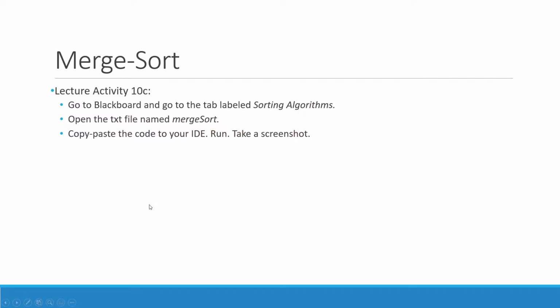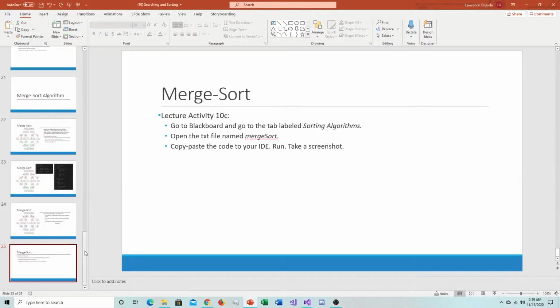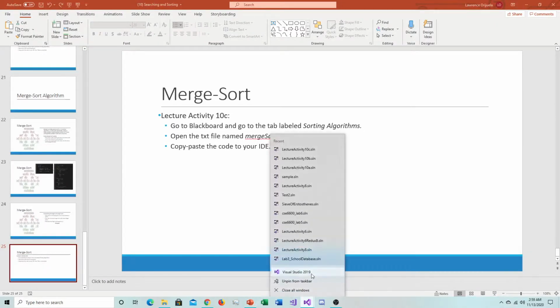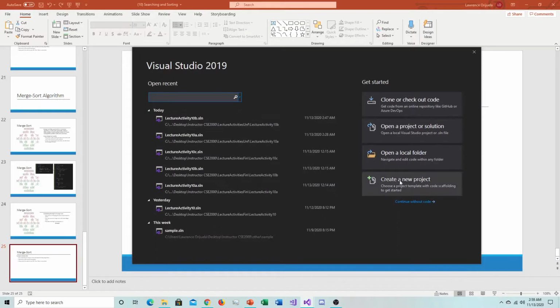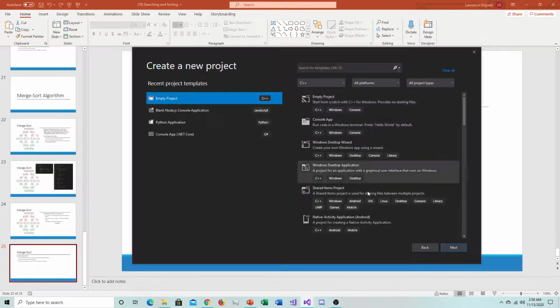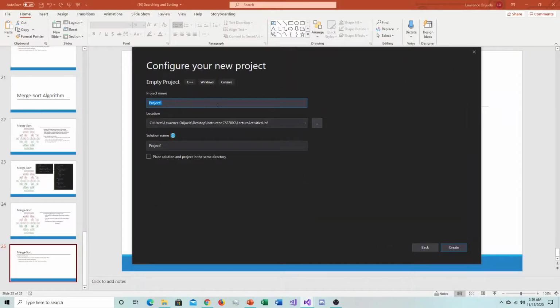And this is actually the last part of the lecture activity. So open a brand new Visual Studio. Create a new project, empty project. Let's call this lecture activity 10C.